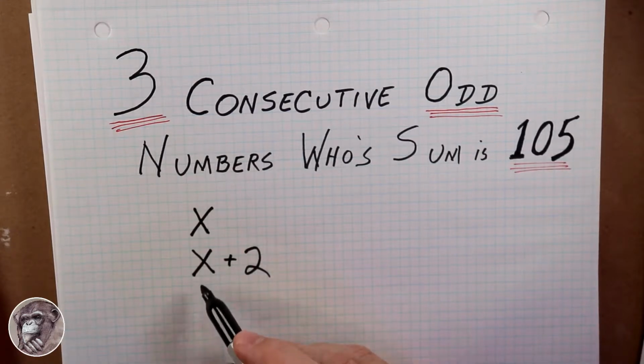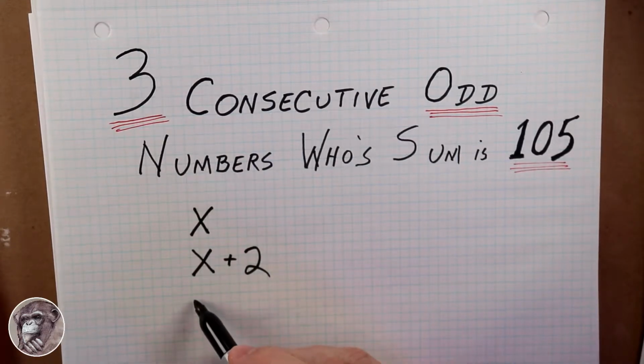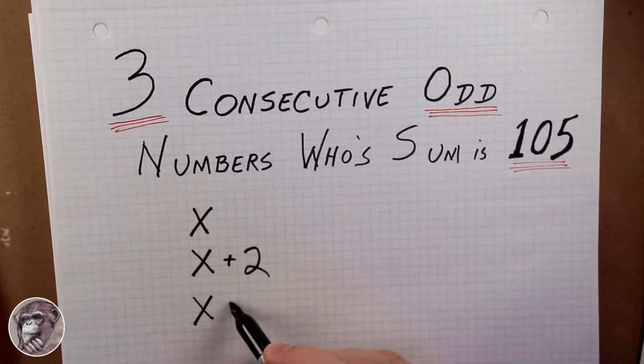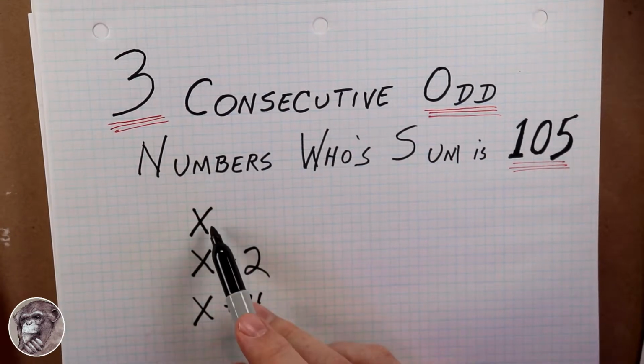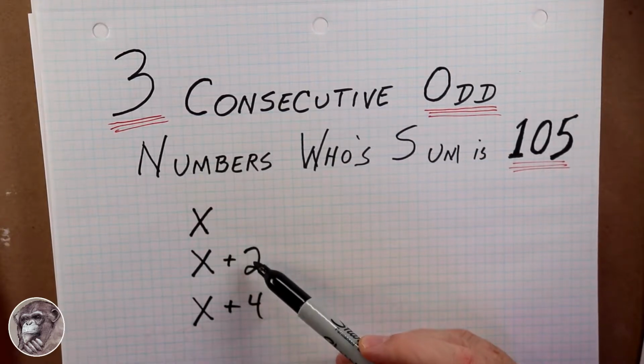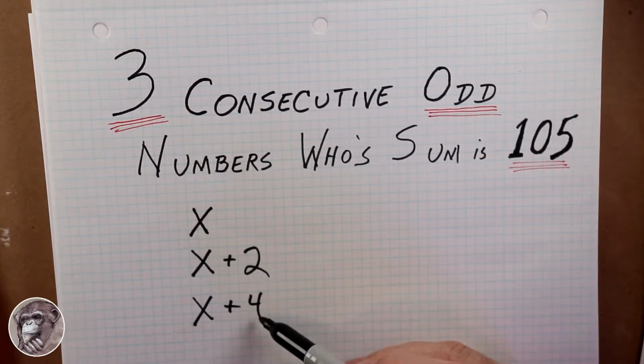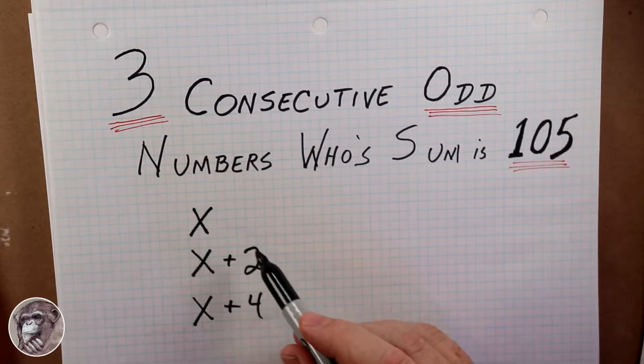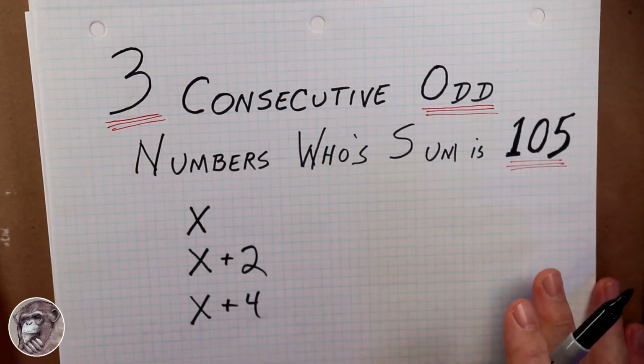And then we have to find the number that's after this one by adding 4 to the first number. So this is the first number, this is the next odd number, and this is the next odd number after that. And the total for all 3 of these things is going to be 105.